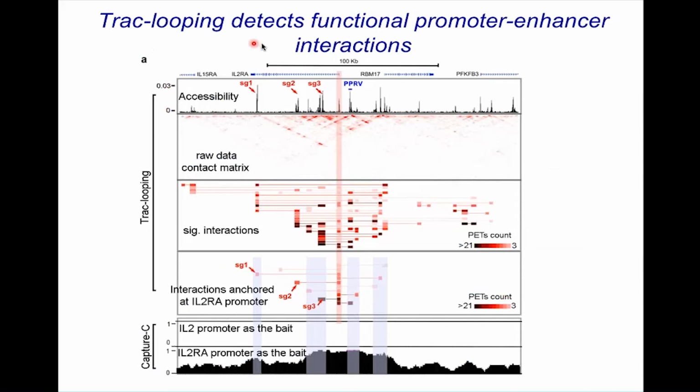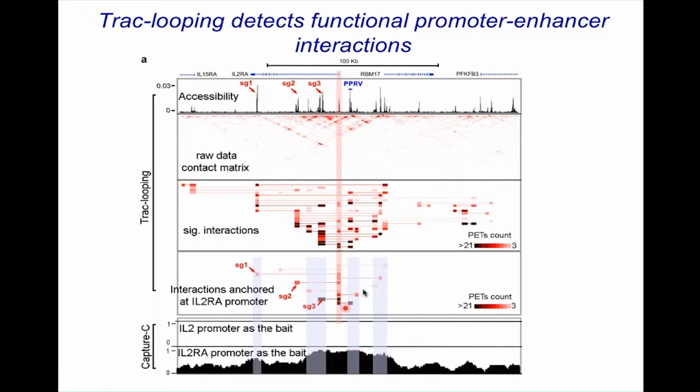To show that Trac-looping detects functional promoter enhancer interactions, we showed one example for the interleukin-2 receptor gene. This is a critical gene for T cell activity and T cell function. This track shows the accessibility. This is the promoter region, and these are potential enhancers. This is the raw interaction matrix, and here shows all the significant interactions in this region.